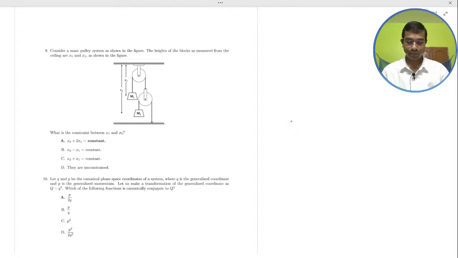So here this is the x1 dot, and this equation of motion, this is for the x2 dot. This is T2.